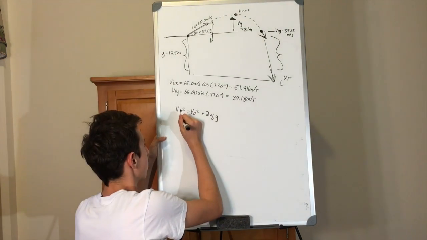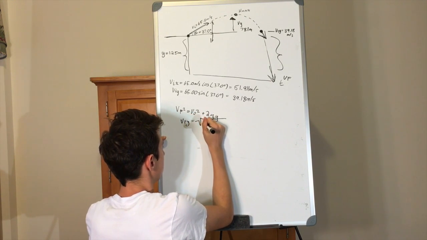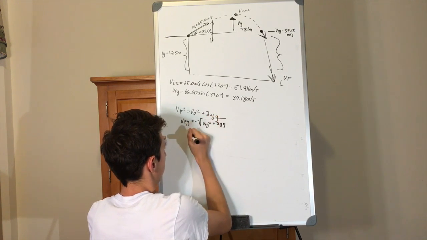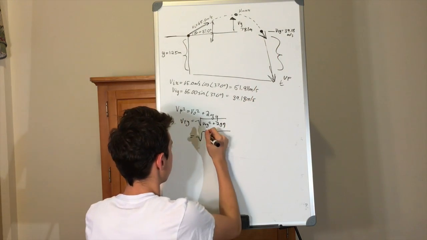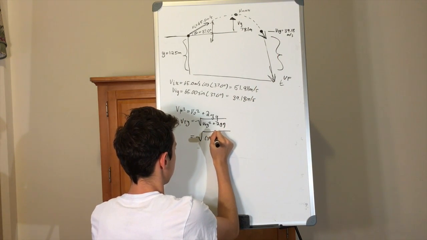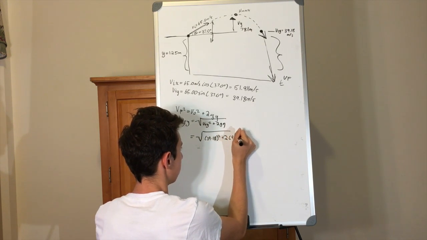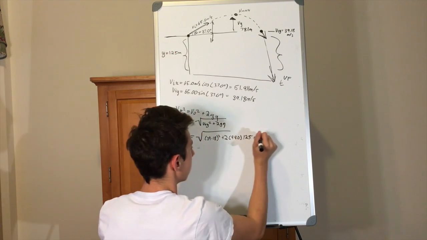So our final velocity in the y component is going to be equal to the root of the initial y squared plus 2gy, rewritten as root, right over here, 39.18 squared plus 2 times 9.80 times our height of 125 meters, which is over here.